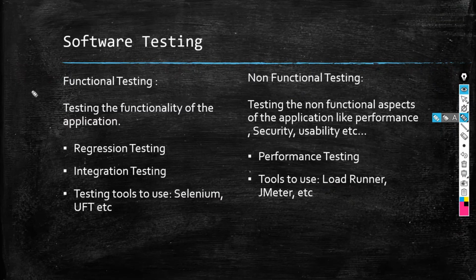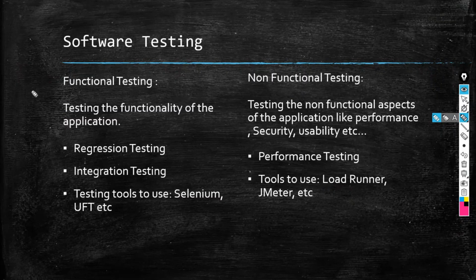But I'll tell you one generic difference between these two. Take an escalator or a lift. In some places we call it a lift and some places we call it an escalator, right? You are on the ground floor and you want to test the functionality of the lift. What would you do?